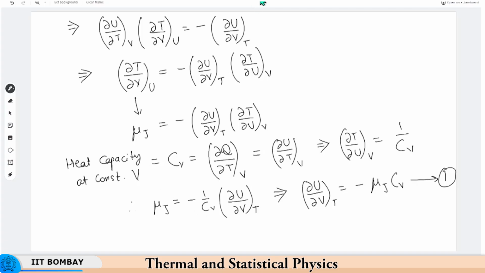So, now let us write the first law of thermodynamics. The statement of the first law is that dU equals TdS minus PdV. What we can do is take its derivative with respect to volume at constant temperature on both sides.